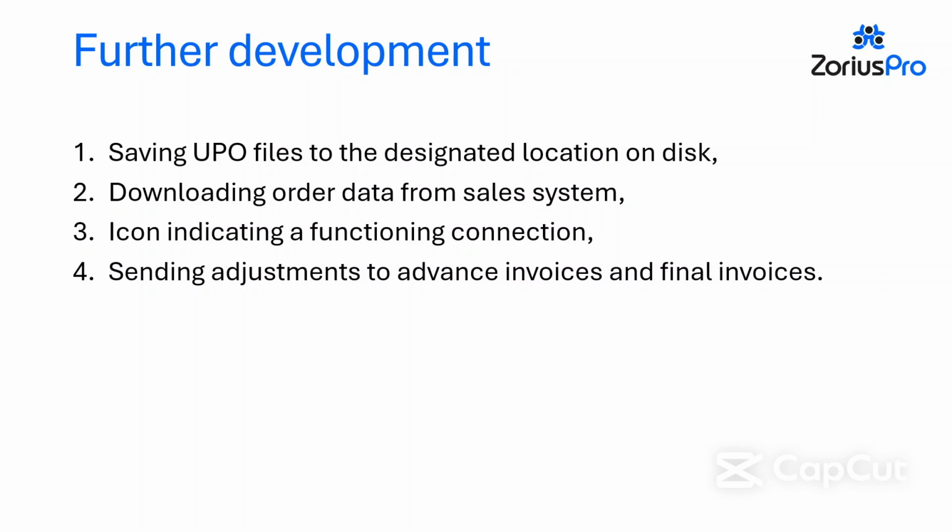Important information for advanced invoices is also the retrieval of data regarding foreign order items, which we also intend to implement in our application. KSeFlex will also show the connection status with the national e-invoice system. Another function will be to send adjustments to advanced invoices and final invoices, where KSeF numbers of all advanced invoices to which such a document relates should be shown.